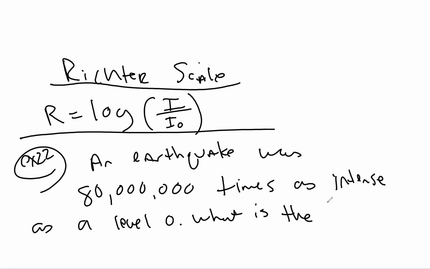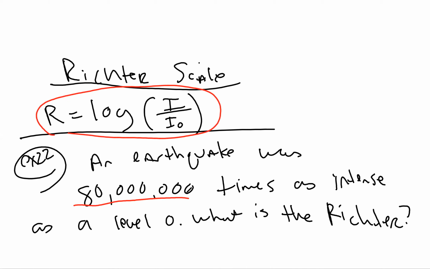Remember, we're mathematicians, so we don't want to get caught up in all these words. What we're looking for is numbers. We have this formula, and here's a number. The I value is going to be the intensity, and this I sub 0 is the initial intensity.